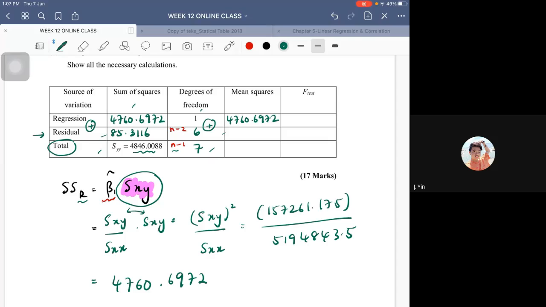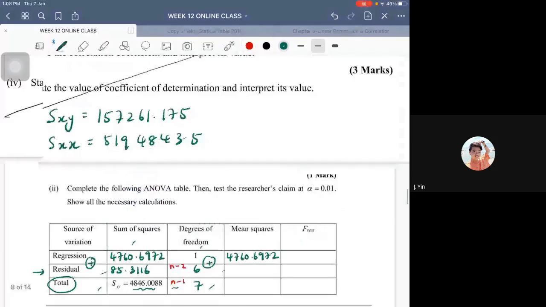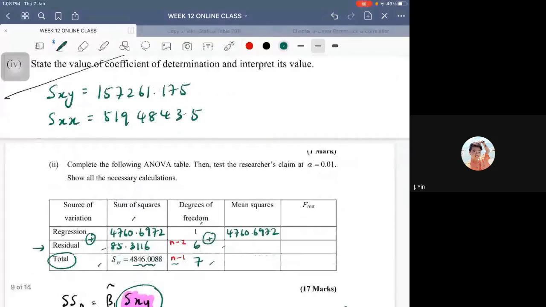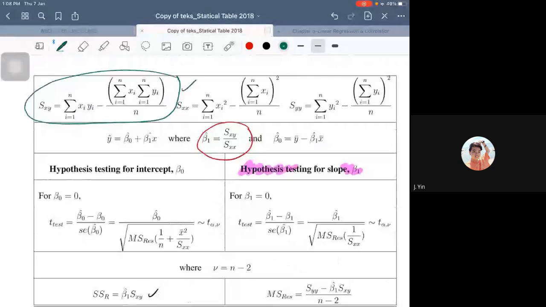Sorry for the disturbance. May I ask some question? Yeah, sure. The SXY, according to the formula box, we need to use the sum of x times sum of y divided by n, right? Yeah, exactly. This is the formula. I found a different answer. I don't know whether I'm wrong, because I calculated multiple times and it seems like my calculation is not wrong.